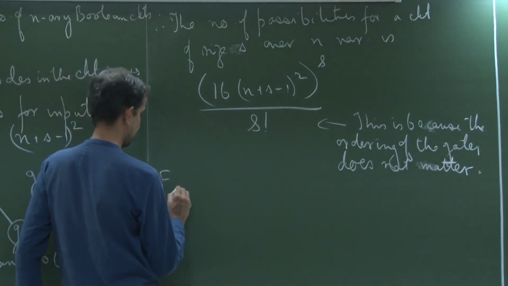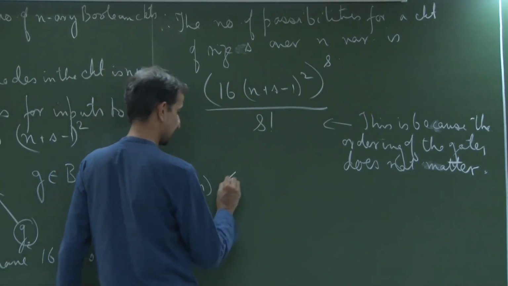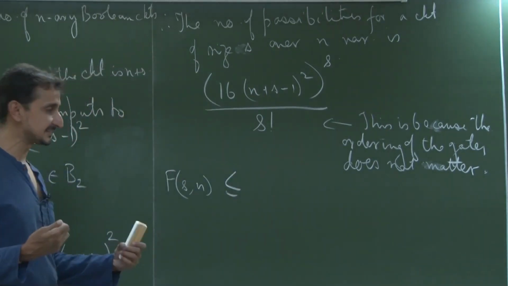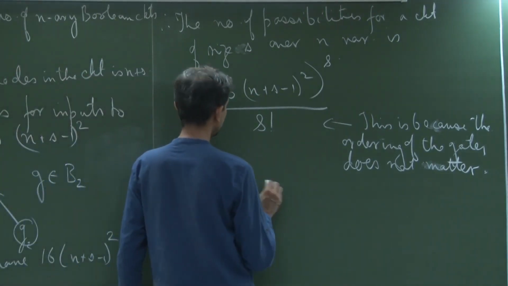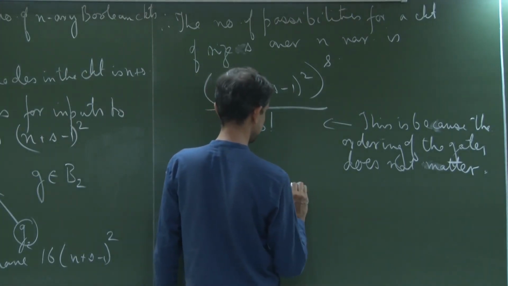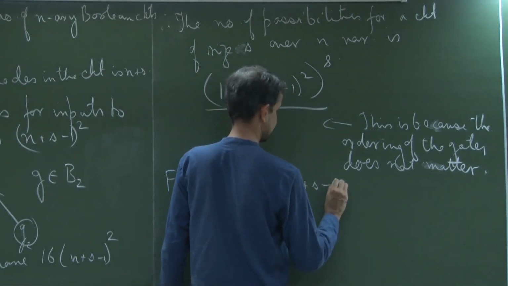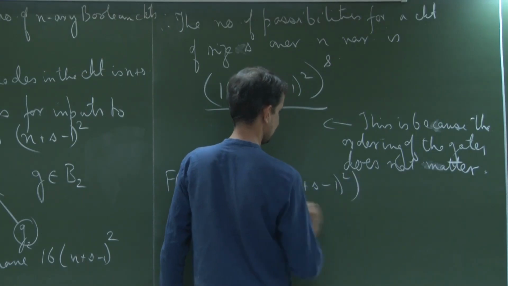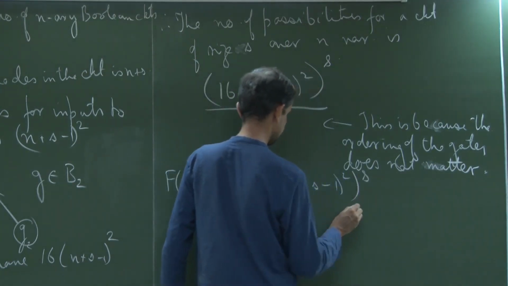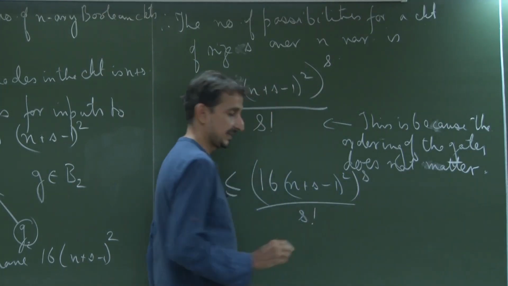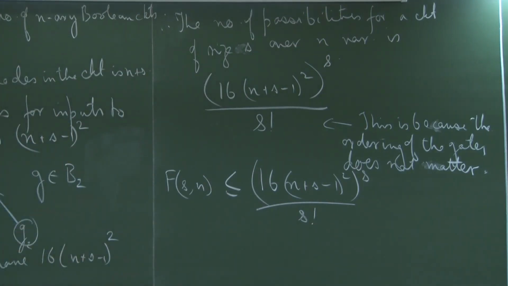So, my F_S of n upper bound, as I said this is just an estimate, is 16 times n plus s minus 1 whole square, whole to the power s, divided by s factorial, right.